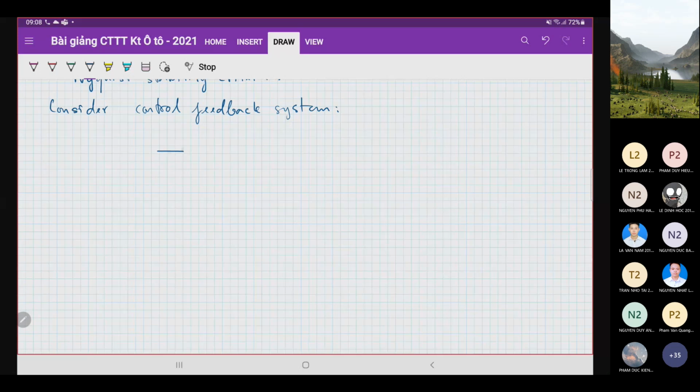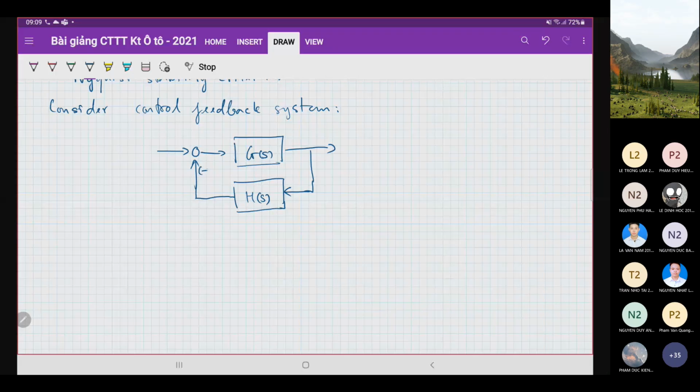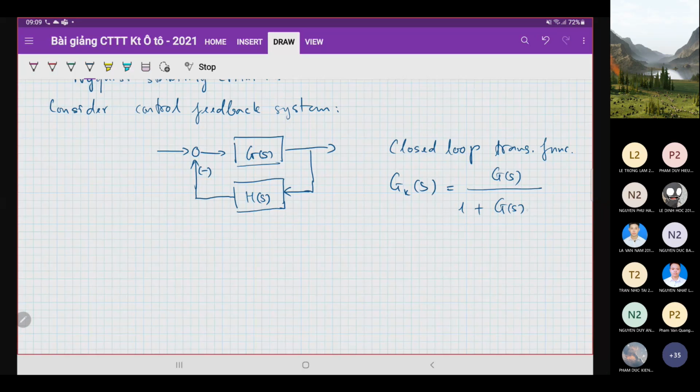That means here we have G(s), and on the feedback line we have H(s), with negative feedback. Then the closed loop transfer function is G_k(s) equal to G(s) over 1 plus G(s)H(s).